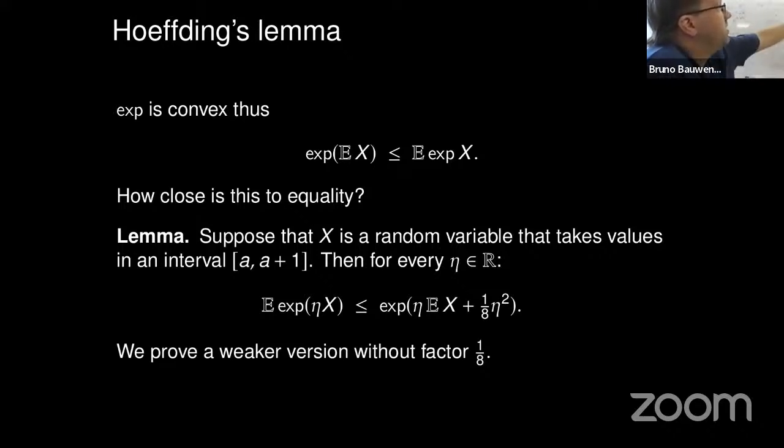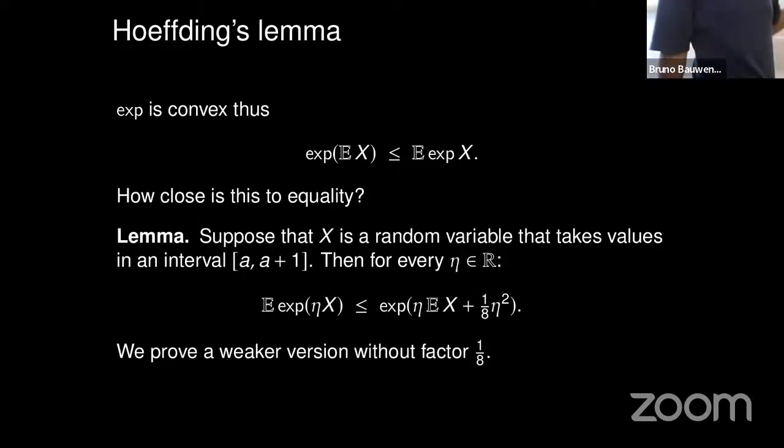You can just set eta equal to 1, for example, and get this thing. Actually, this is a horrible proof if you want this 1/8 in the coefficient. But if you're happy with coefficient 1, then it's a kind of easy proof because it follows from a Taylor approximation of the exponent. What's happening here is just the second Taylor term of the exponent.